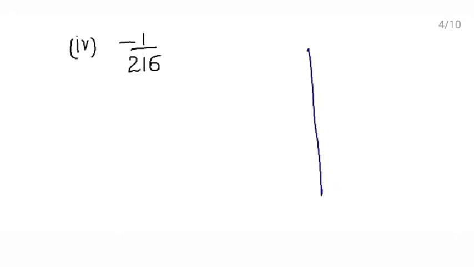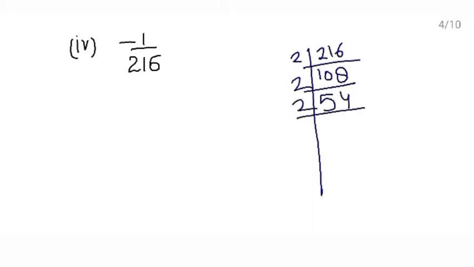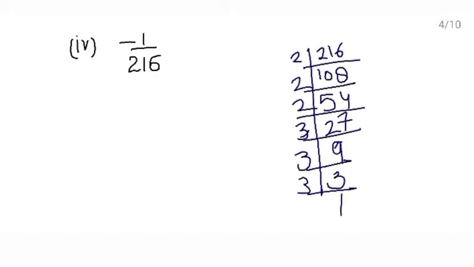Next is minus 1 upon 216. Find the factors of 216. 2 1s are 2, 2 8s are 16, 2 5s are 10, 2 4s are 8, 2 2s are 4, 2 7s are 14. 3 9s are 27, 3 3s are 9, 3 1s are 3.